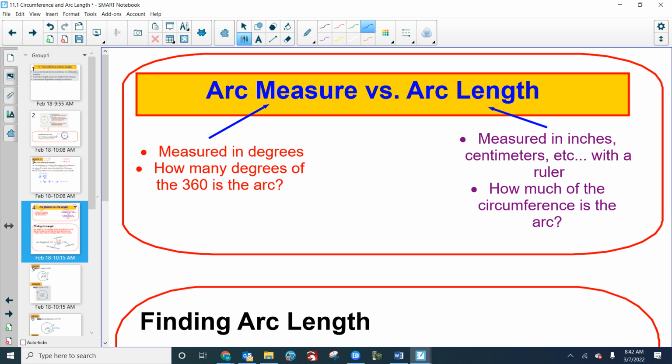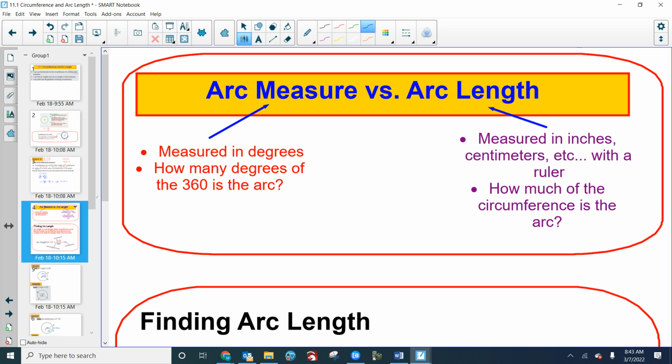All right. Arc measure versus arc length. We talked about this a little bit. If I say I'm going to walk around the whole circle, I have walked a full 360-degree rotation. Doesn't arc tell us rotation of the circle, right? Remember the central angle and the arc measure were the same. Can you hear the difference between arc measure and arc length?